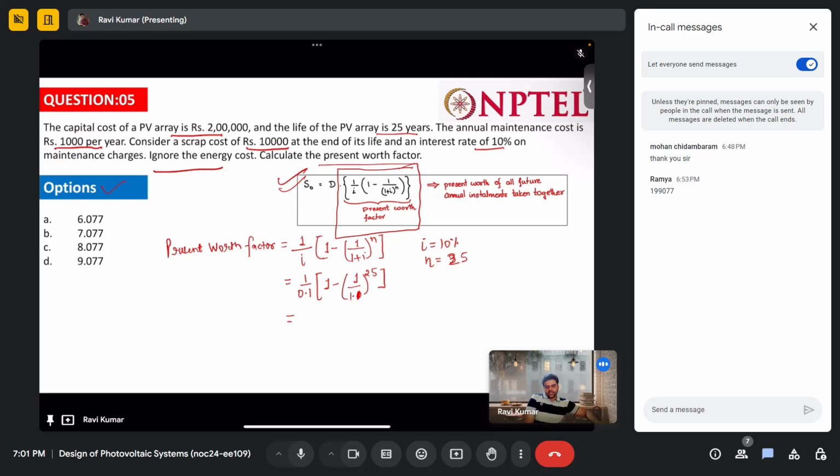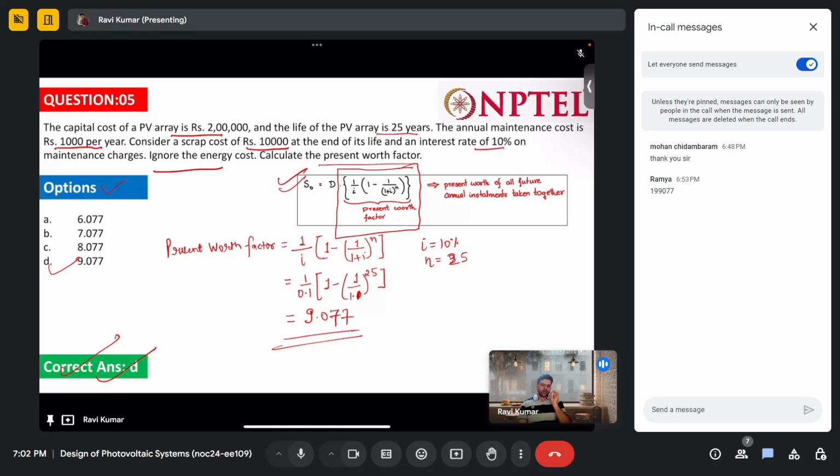How much we are getting? We are getting 9.077. That is the present worth factor here, and answer is B. Let's move to the next question.